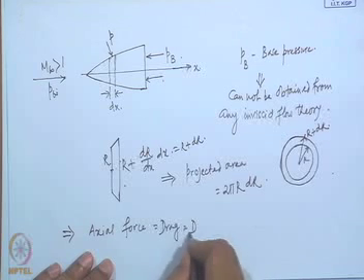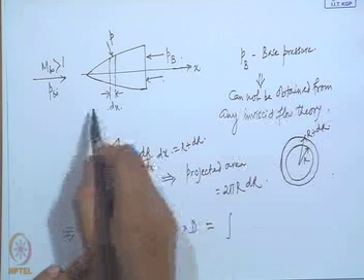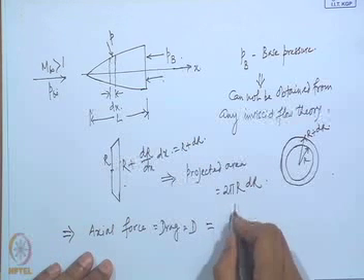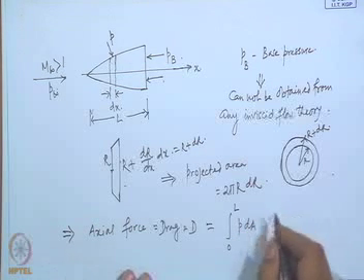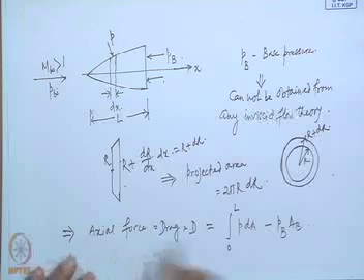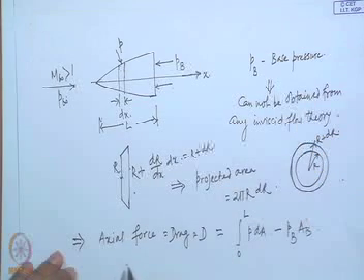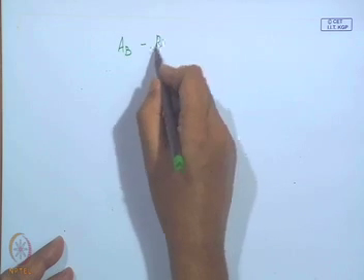In this case, if we consider the total length of the body is L, then the drag is minus P b A b, where A b is the area at the base, that is the base area.